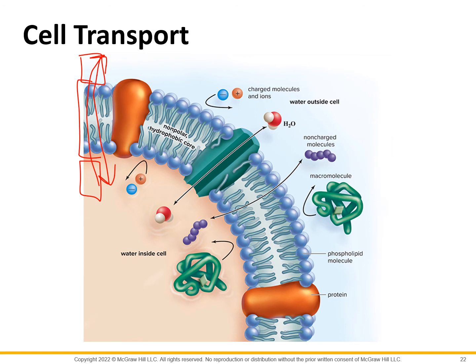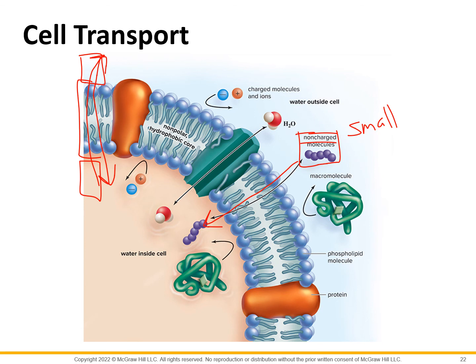Now, there are many different types of molecules that may need to be transported into the cell or out of the cell, and depending on the characteristics of the molecules, that determines how they get in. There are a few types of molecules that can cross directly through the phospholipid bilayer, but there aren't very many of these. These molecules have to be very, very small or non-charged, so non-polar.